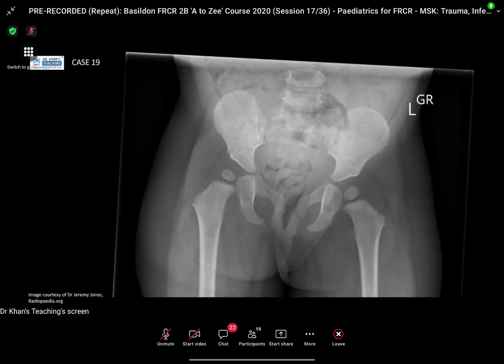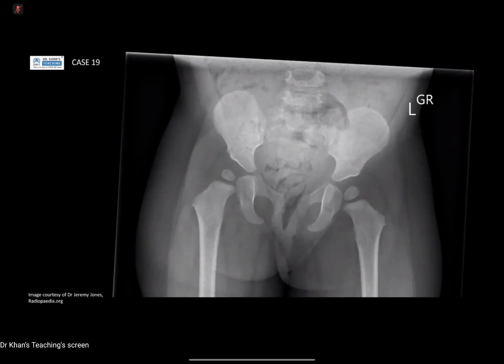I can see at the right side there is mild disruption of the Shenton line, and the femoral head epiphysis is slightly smaller, asymmetrical. I want to see the Hilgenreiner line, and if the femoral head is within the medial two-thirds, and if there is soft tissue swelling or elevation.